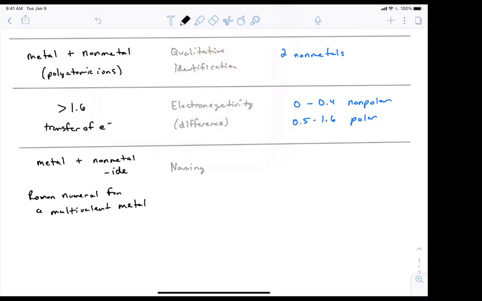If you have a metal, often a transition metal, that has multiple oxidation numbers, you have to put a Roman numeral after the metal to identify it. So you might say something like iron 2 oxide. That Roman numeral represents the oxidation number of iron, not the quantity of irons, so that you can form the right number of ions to make the formula.